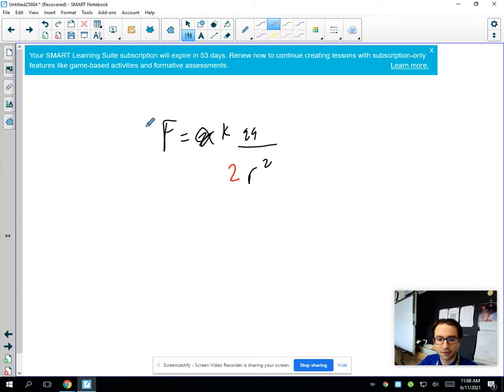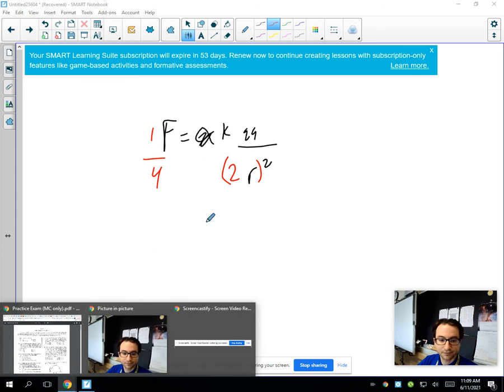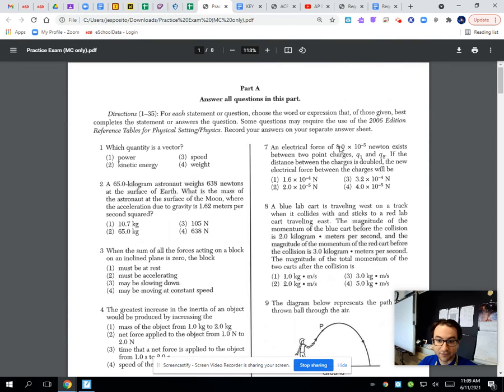That would be 1/4. Or I'm sorry, double the distance, meaning we are 1/4ing the force, because the 2 itself is becoming squared on the right side. So we're looking for an answer that is 1/4 the old force. If we have 8, we're looking for 2 times 10 to the 5th newtons.